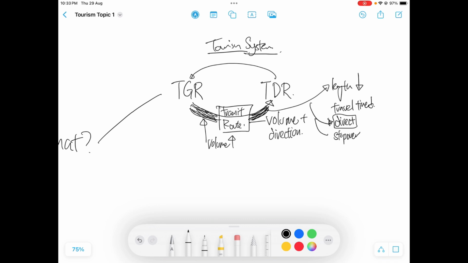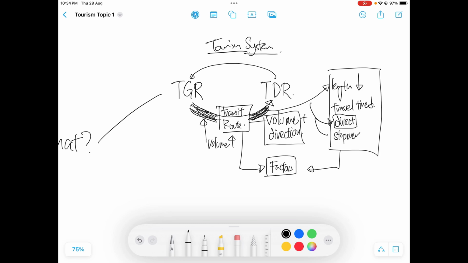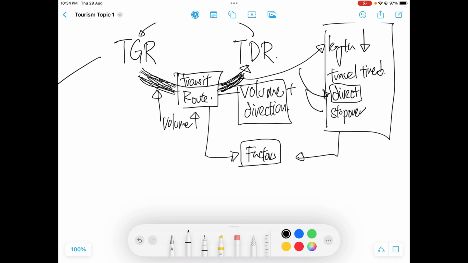Okay, so the influence of transit routes is very important. It shows volume, it shows direction, and it also mimics the factors that affect a tourist going to a destination region.